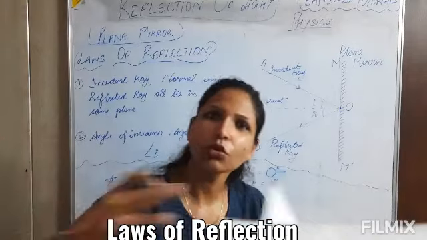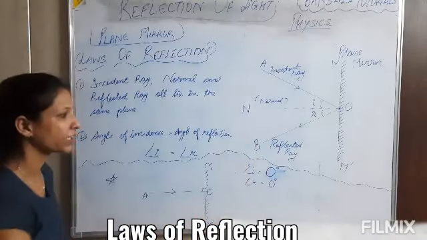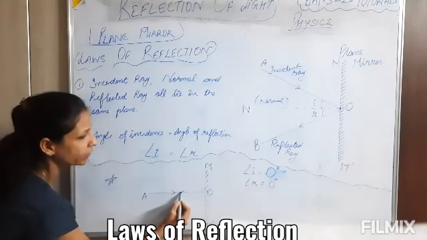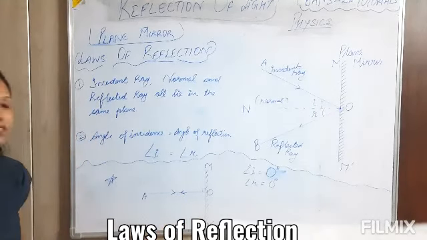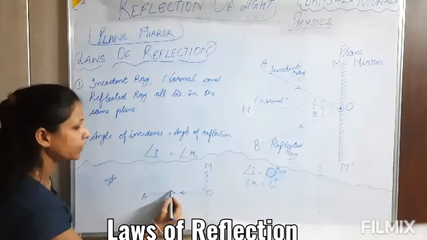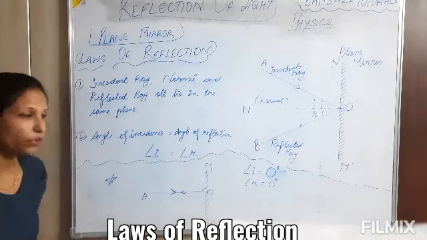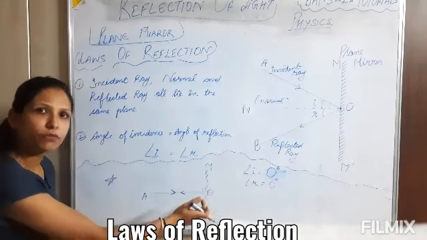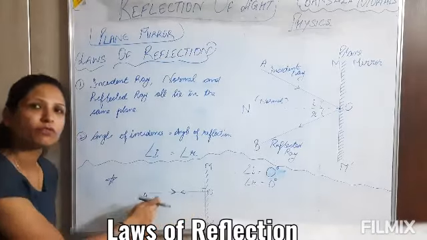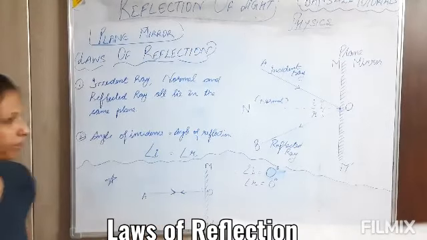It will just move on the normal only. So we will draw the reflected light like this only, but with arrow in this direction. So if this is the incident ray, you will put an arrow towards the plane mirror, and to show the reflected ray, you will again put the arrow on the same line but away from the plane mirror.